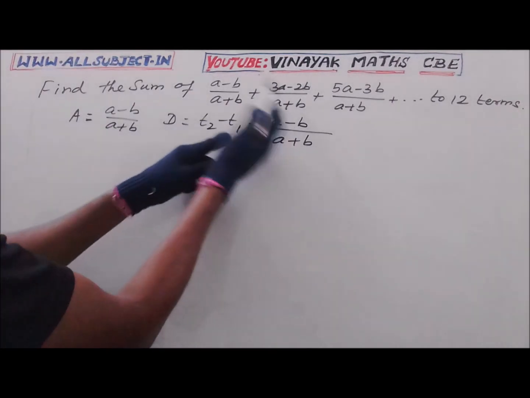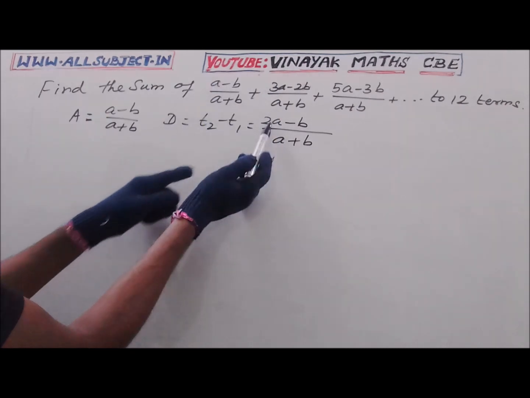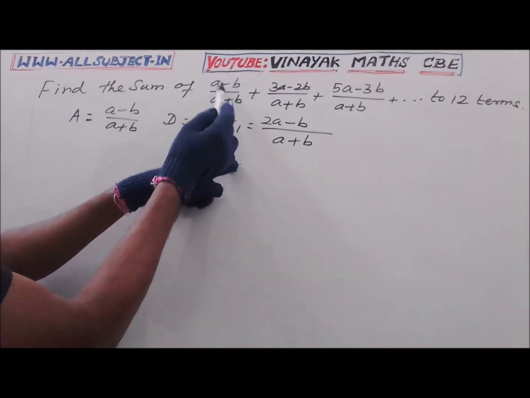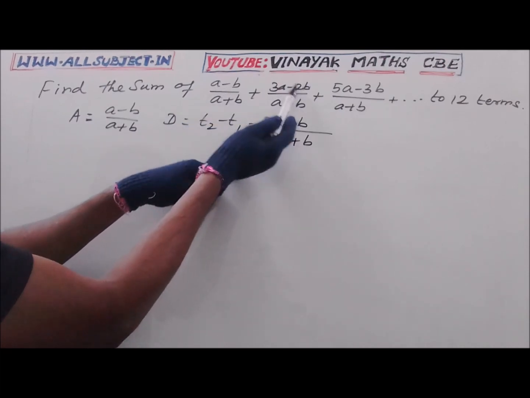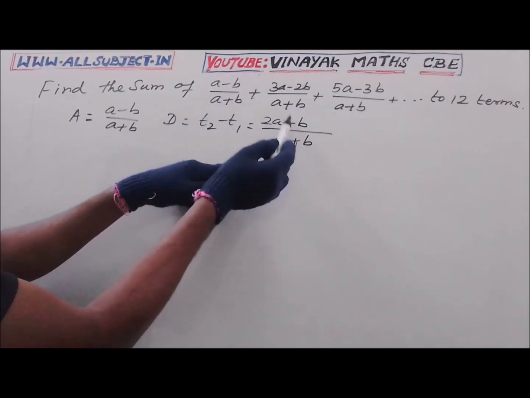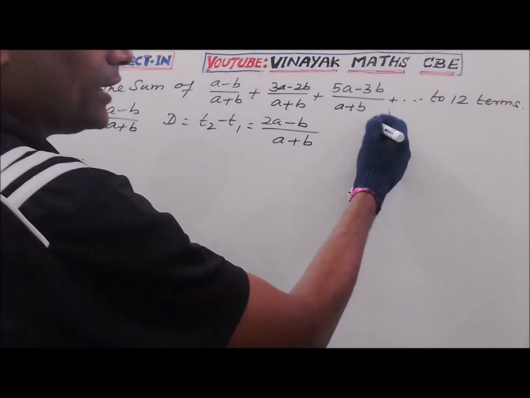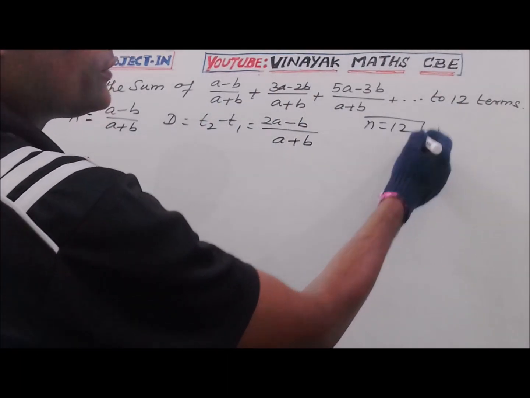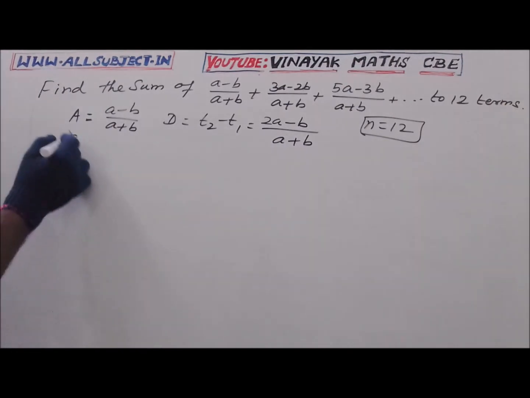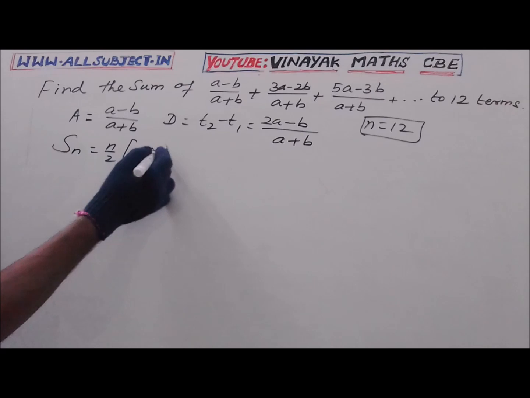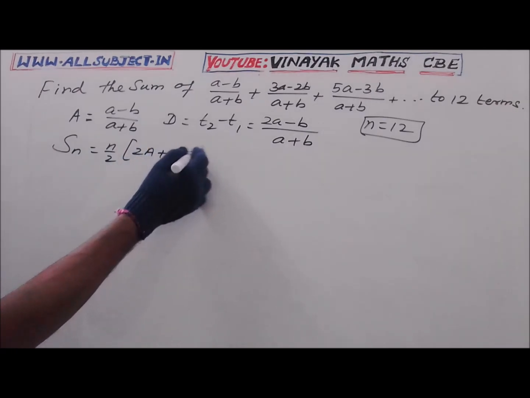So this is the common difference D. Here n equals the given 12. So substituting in the sum formula, Sn equals n by 2 into 2a plus n minus 1 into d.